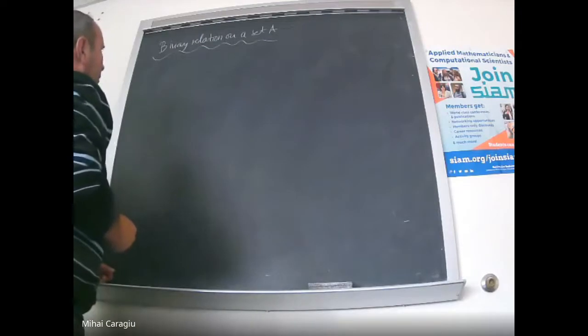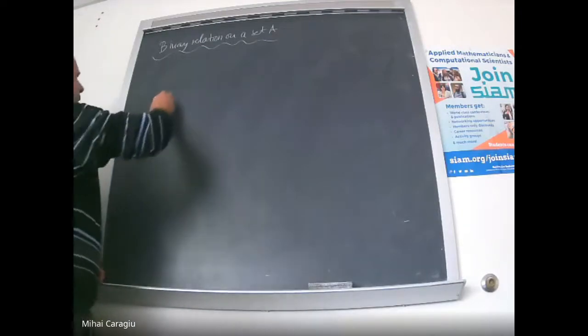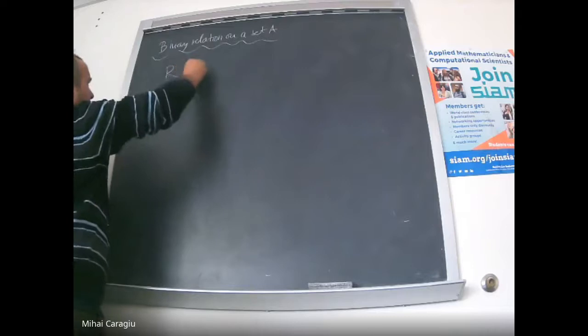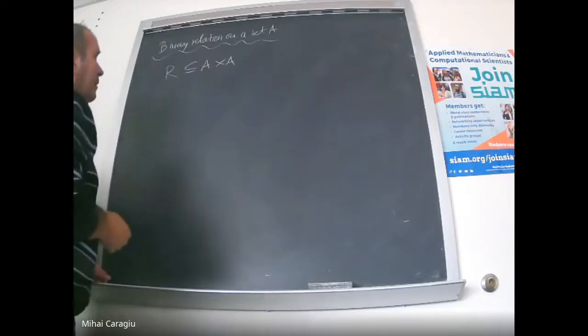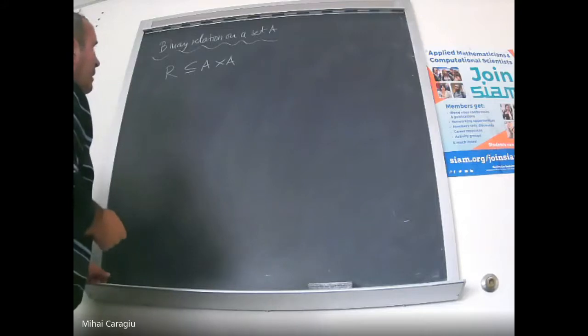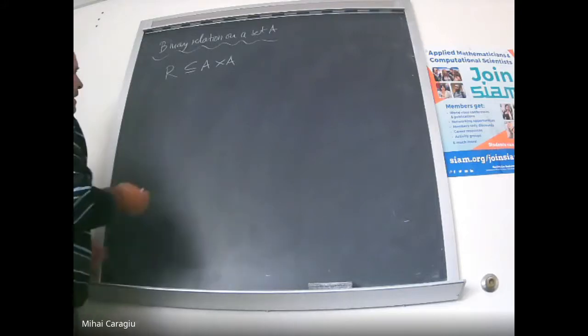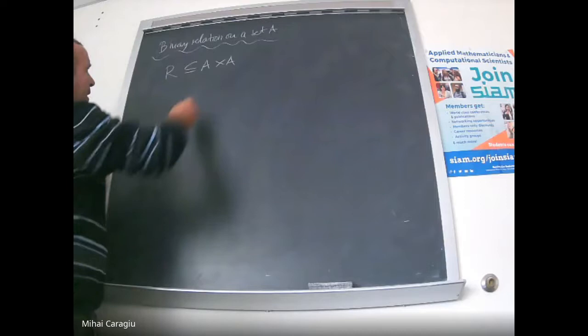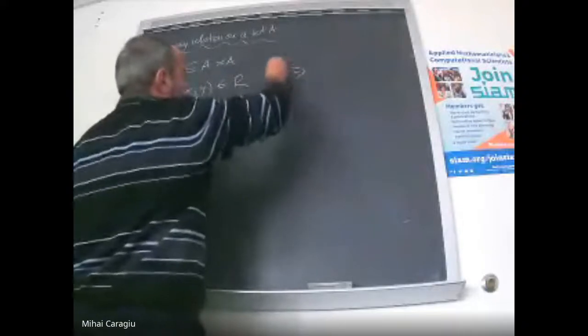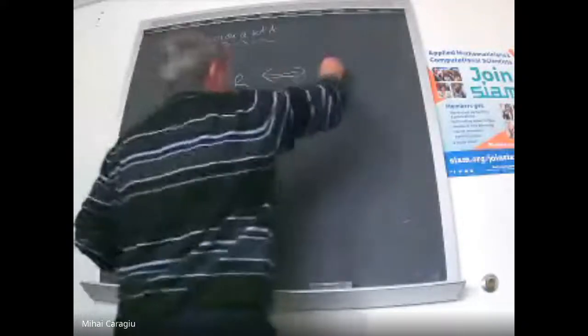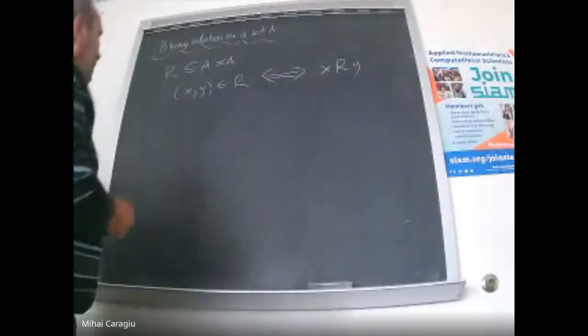So, from the very beginning, we introduced the binary relation R on A as being a subset of A cross A. The elements of the binary relation are ordered pairs. When we say (x, y) belongs to R, there's an equivalent notation, x R y, which is x related to y.